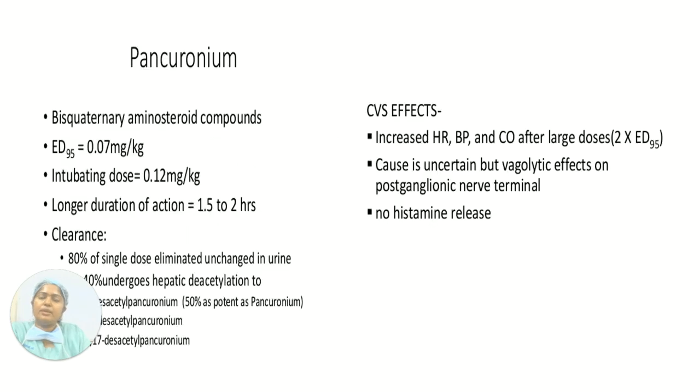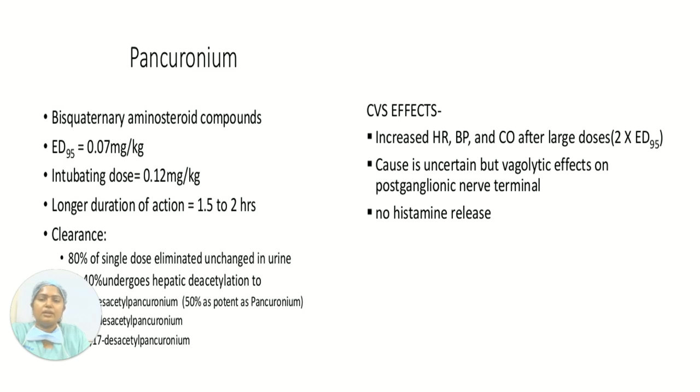Then coming to pancuronium, it's a bisquaternary ammonium steroid compound. Its ED95 is 0.07 mg per kg. Intubating dose is 0.12 mg per kg. It has a longer duration of action, that is 1.5 to 2 hours. Coming to its metabolism and clearance, 80% of a single dose is eliminated unchanged in the urine, and 40% undergoes hepatic deacetylation.